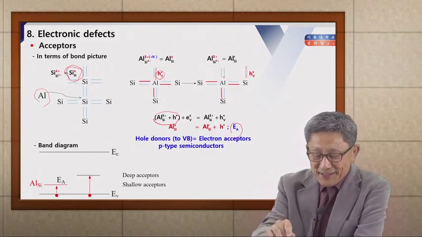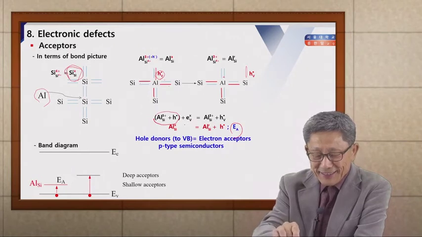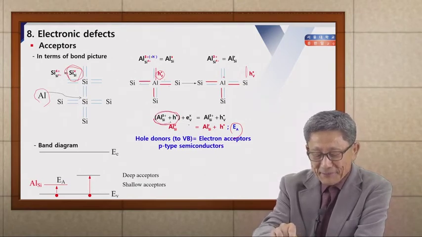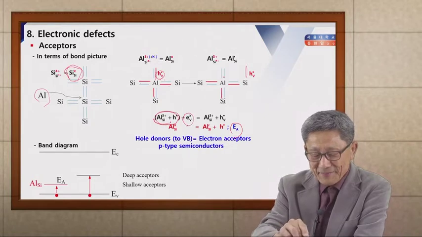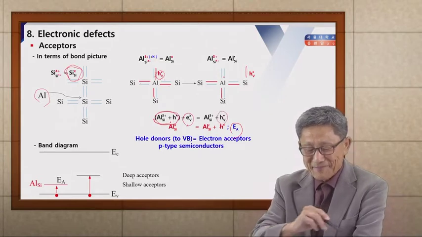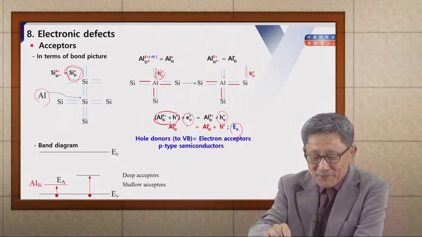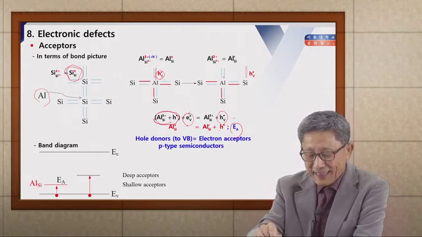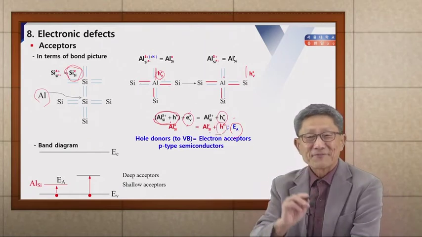So this reaction can be written in the same way as a chemical reaction. You see, I have this complex, and I have the electrons on the valence side. Now, you can take up this electron to fill up this empty site, and then you release these holes to the valence band. Now, move this structure element to the other side to end up with the free holes.